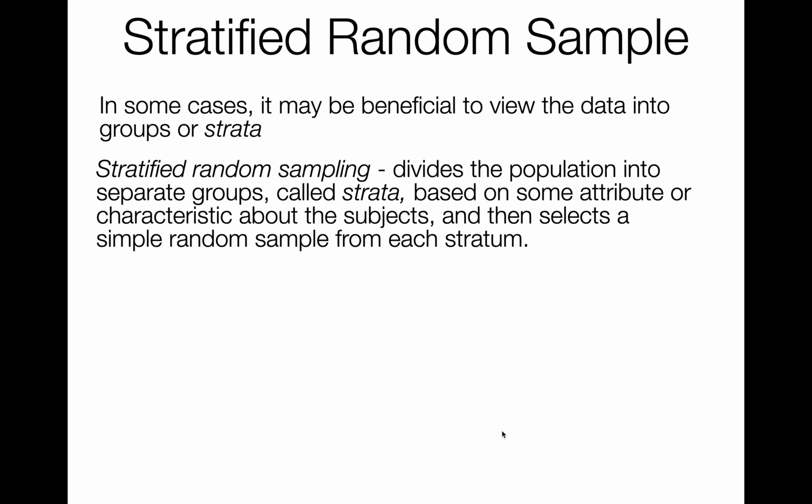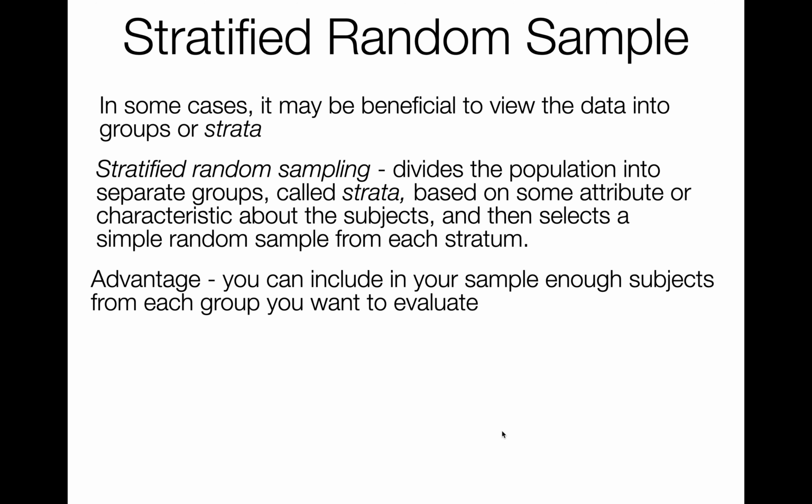Stratified random sampling is when I divide the population into separate groups called strata, based on some attribute or characteristic. That could be maybe I split people up by year in college: first year, second year, third year, fourth year, plus. Okay? And then I select a simple random sample from each group. Okay?